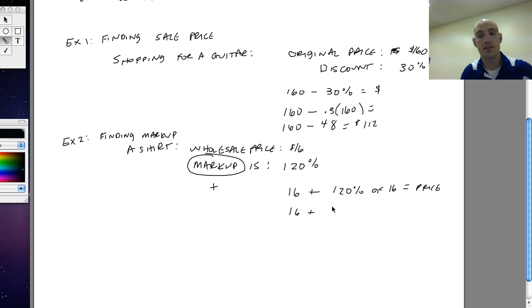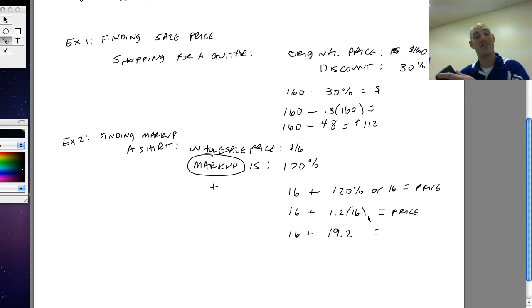Let's convert 120% to a decimal. 1.2 times 16 equals my price. Well, 1.2 times 16 equals 19.2, because 19.2 is 120% of 16. 16 plus 19.2 is 35.2, or $35.20.